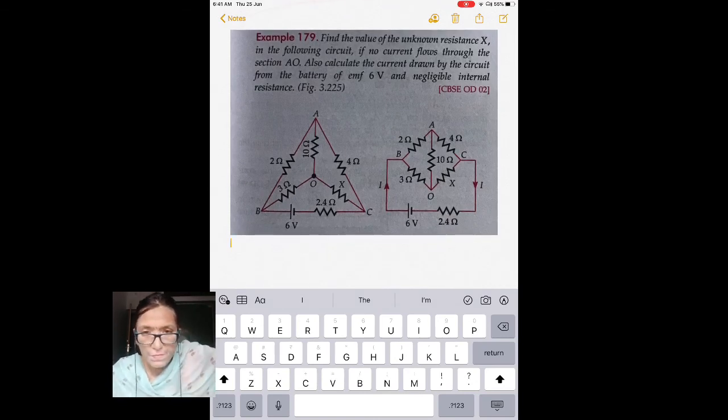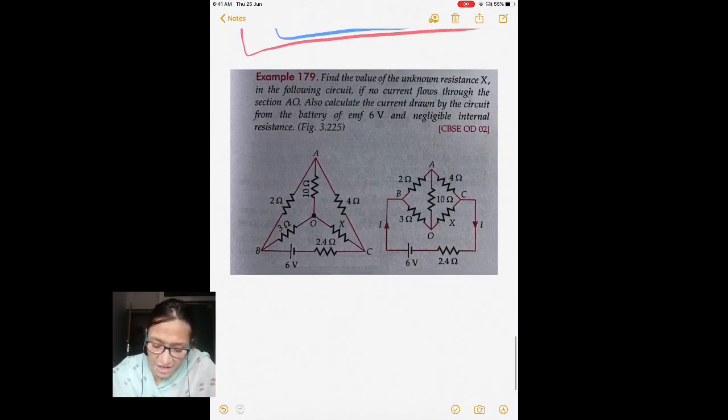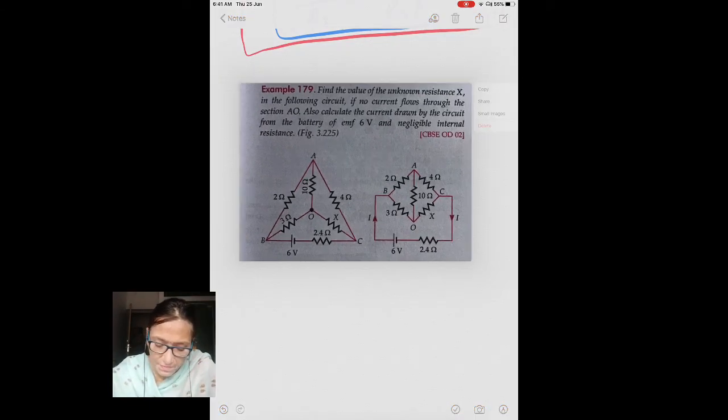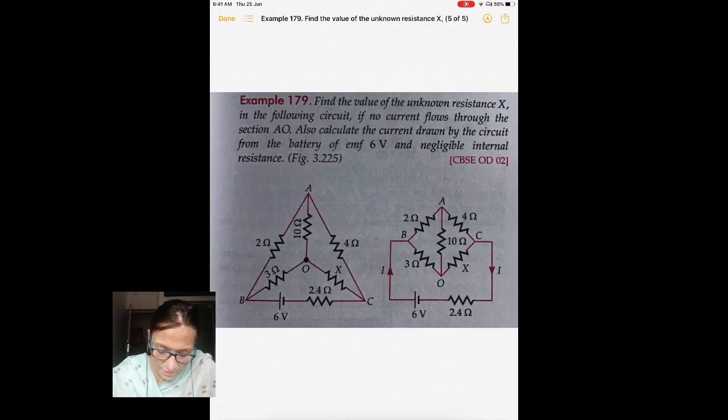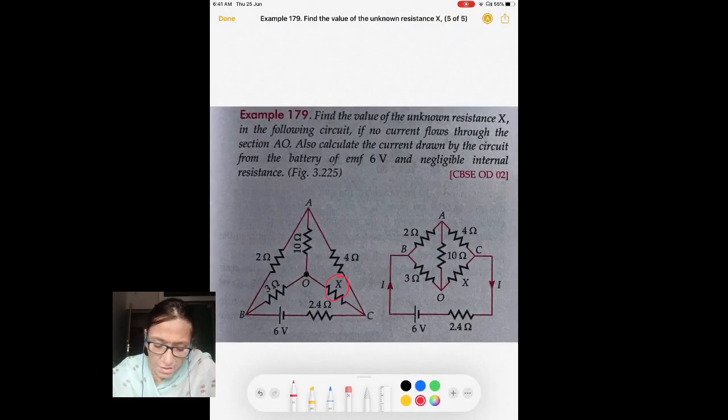In this question, you have to find the value of unknown resistor X. This thing you have to find out, if no current flows through the section AO.